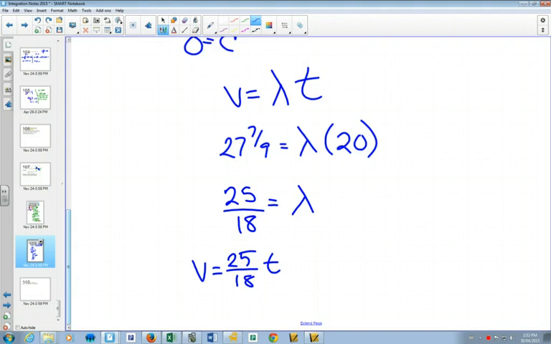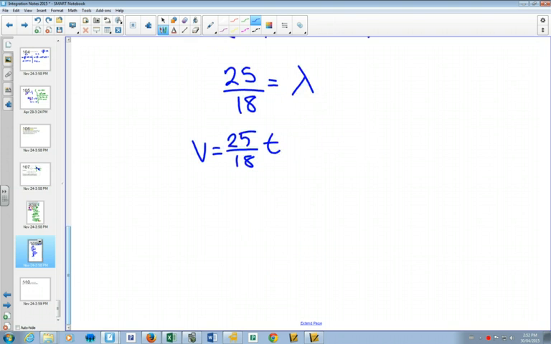We want to find out how far it's traveled at 20 seconds. So we can integrate again to find our displacement.